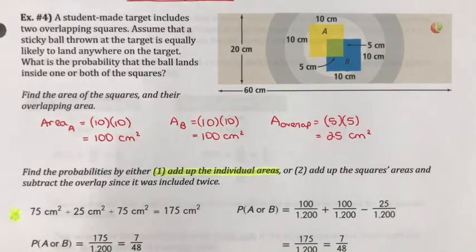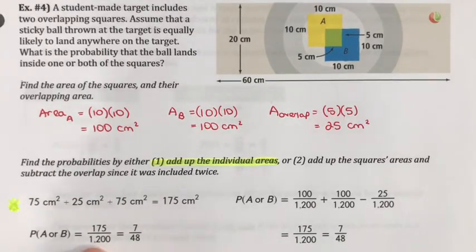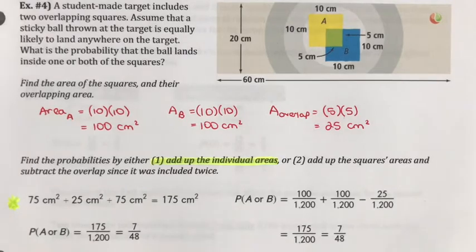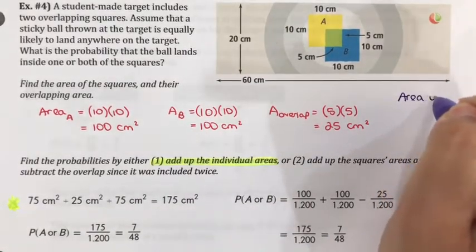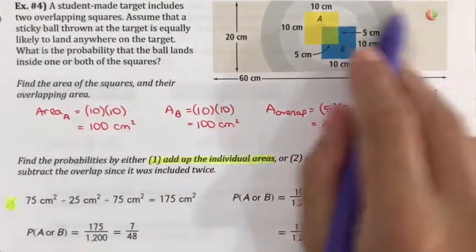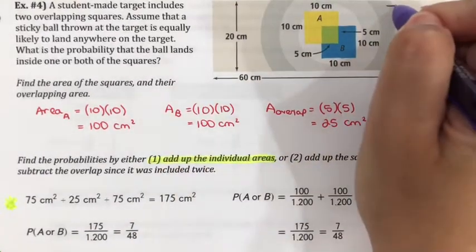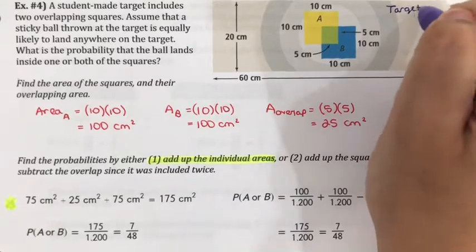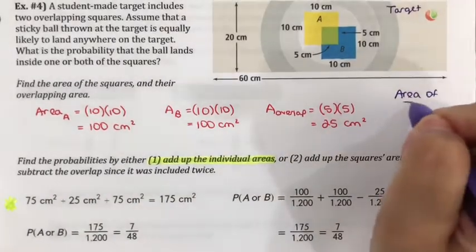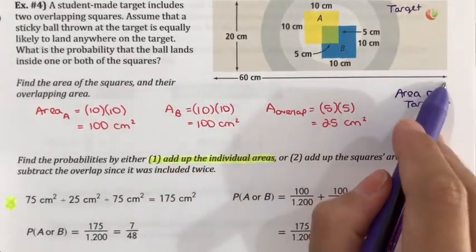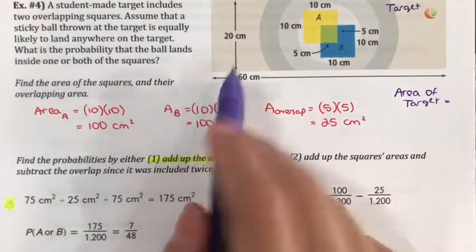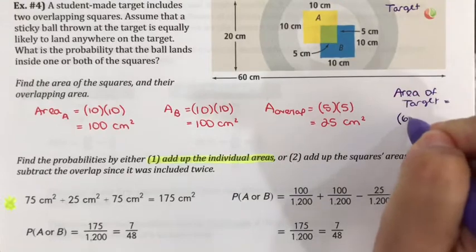Now notice that we put that over 1200. Well, where did that come from? We needed to find the area of this whole thing, which is the target, right? So we have 60 centimeters wide and then 20 centimeters up.